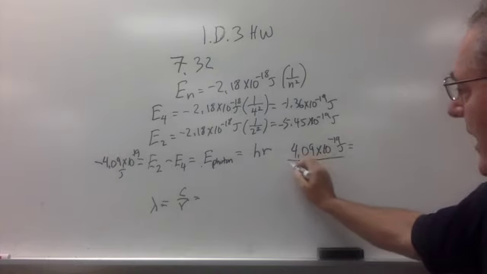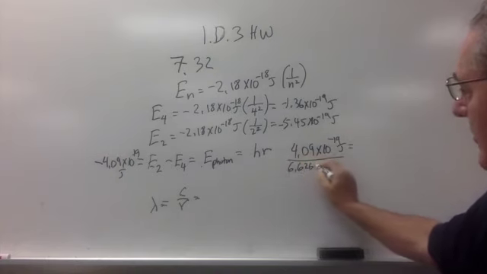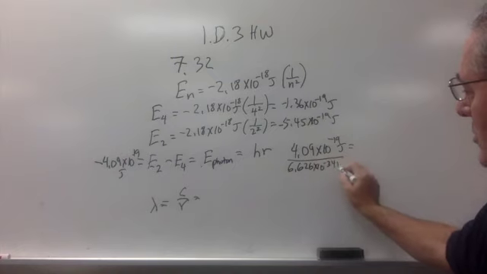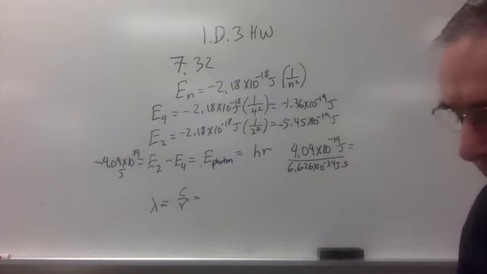And now dividing both sides by h, 6.626 times 10 to the minus 34 joule seconds, we get the frequency.